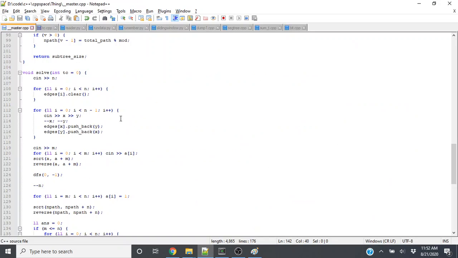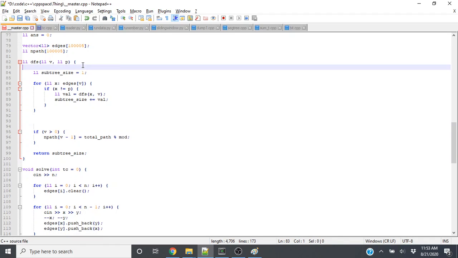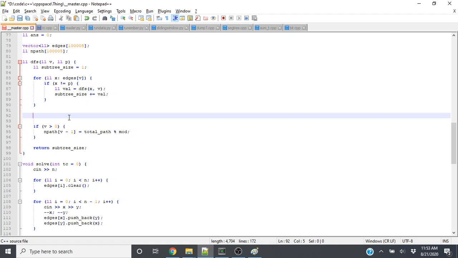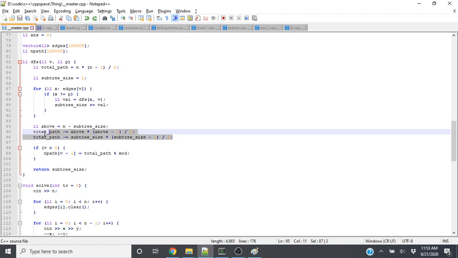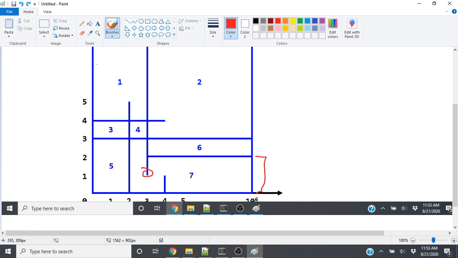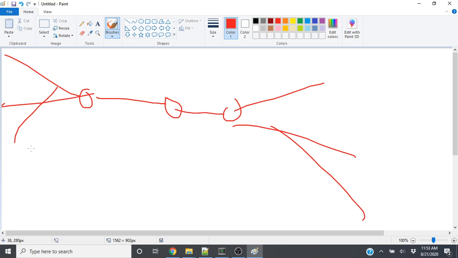So another way to count the number of paths is actually just, wait, hang on. It's just above times subtree size. We have some tree, and we have some stuff to the left of it. Let's just draw a few edges to go out.